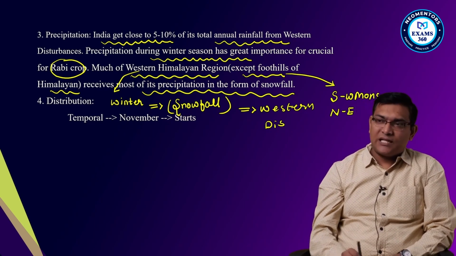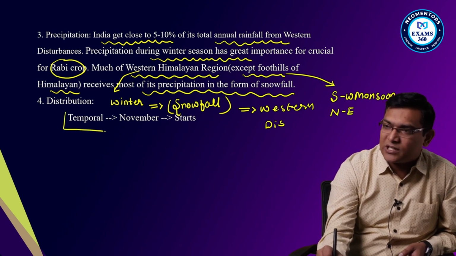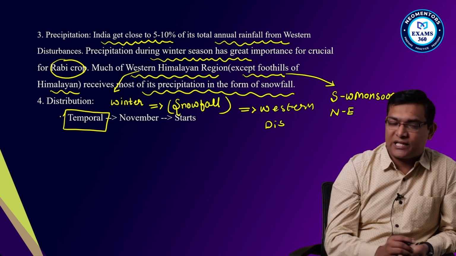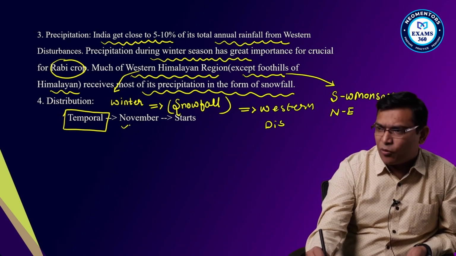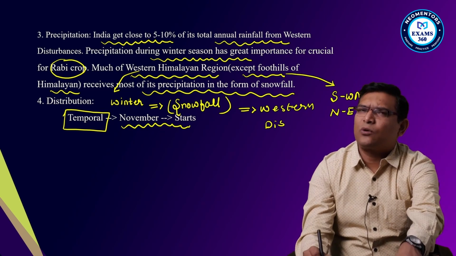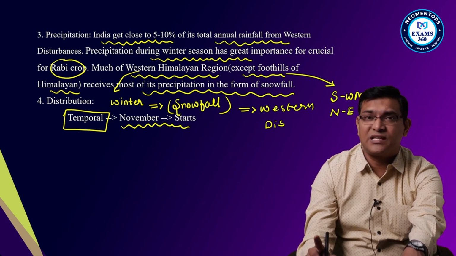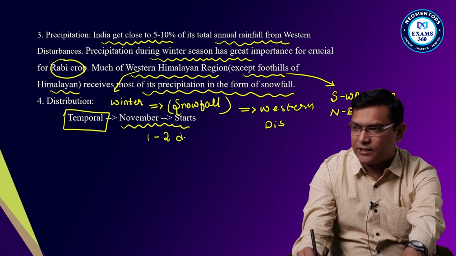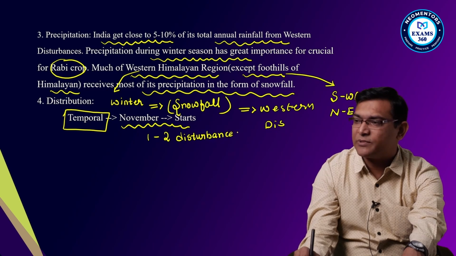See, generally from the temporal aspects, if I talk about the distribution, it starts from November. But the frequency is generally only 1 or 2 disturbances. 1 or 2 disturbances will be created.